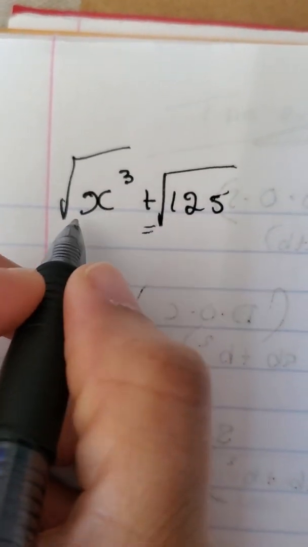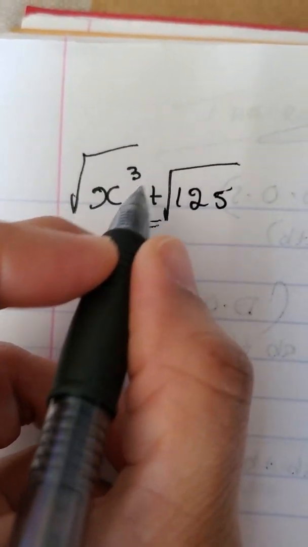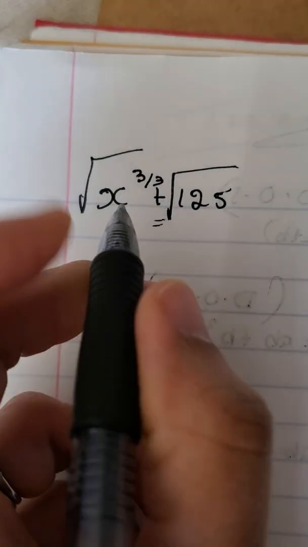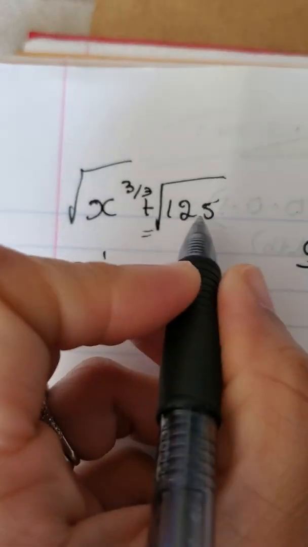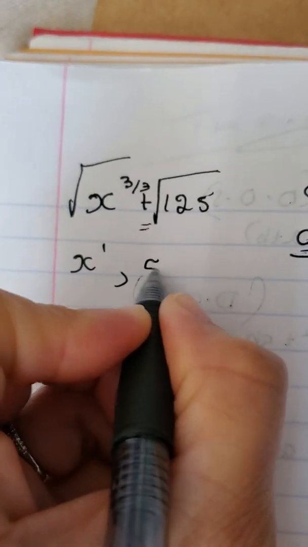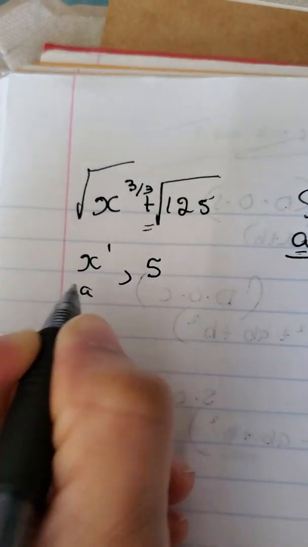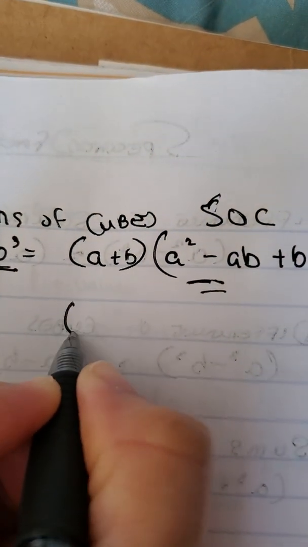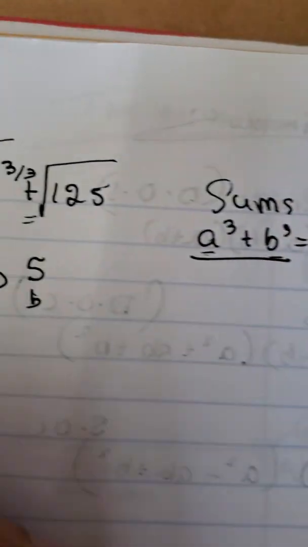So I can find the cube root of x cubed, because if my exponent is divisible by 3, I know I can find the cube root of it. So 3 divided by 3, I'm left with one factor of x, and the cube root of 125 is actually 5. 5 times 5 times 5 is 125. So here I have my a, and here I have my b, so then I'll just plug in. So now this would be x plus 5 times, what's my a?